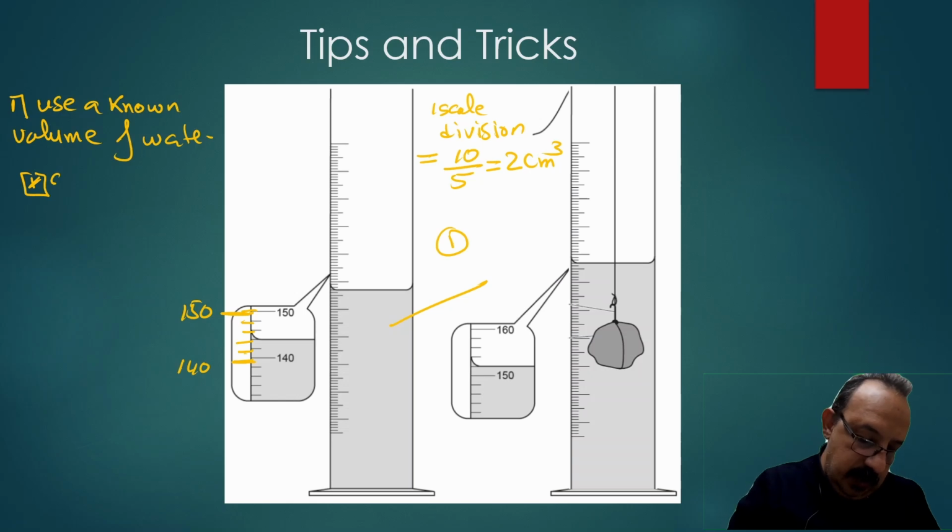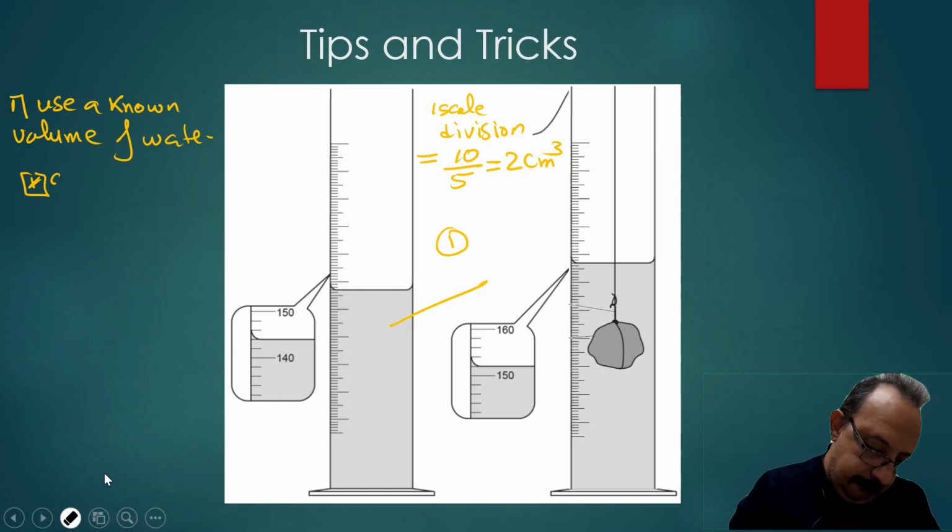So what is the reading over here? It is 140, 142, 144. And notice the meniscus. Can you see it?